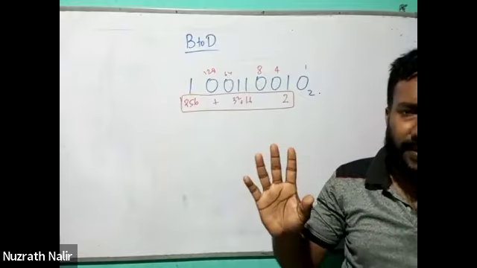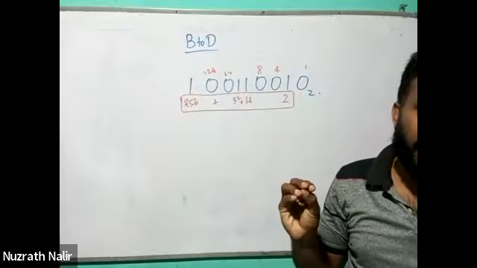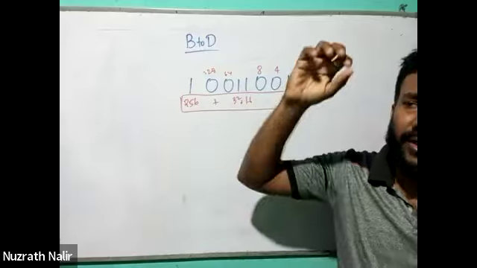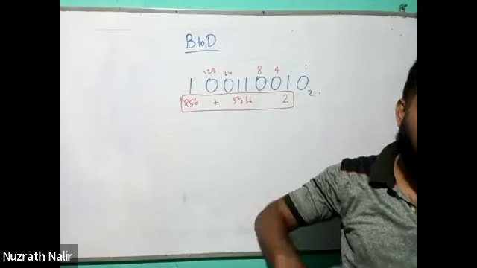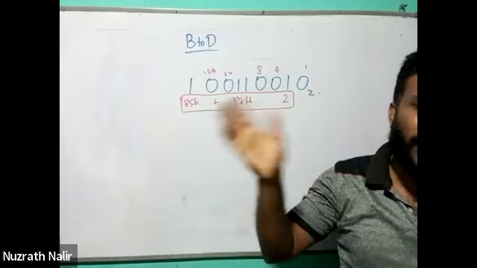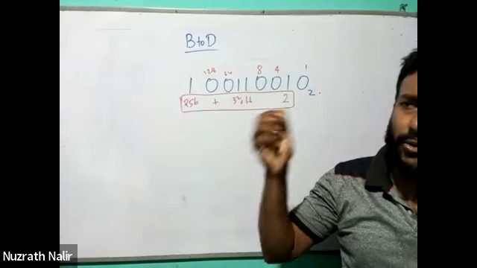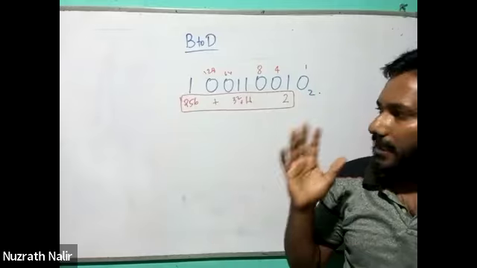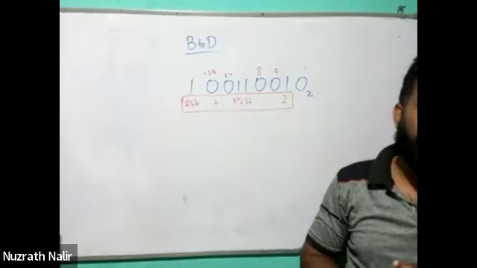This is a concept, the abacus, binary abacus method. Everywhere I can use the same methodology for binary to decimal, decimal to binary, octal, hexadecimal, decimal to hexadecimal, decimal to octal, octal to binary. Everywhere I can use the same methodology.